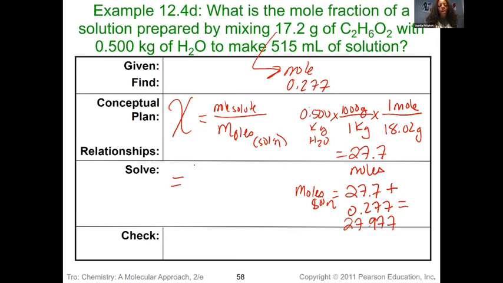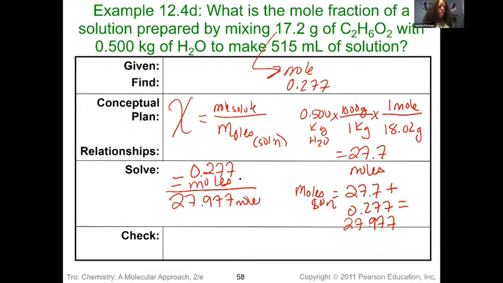So we would take our individual moles, 0.277 moles, divided by, that looks crazy, 27.977 moles.